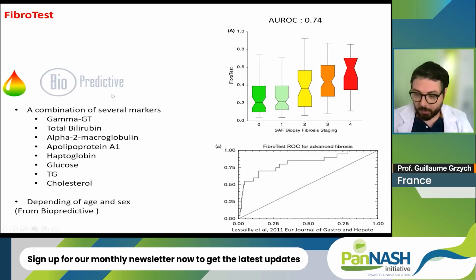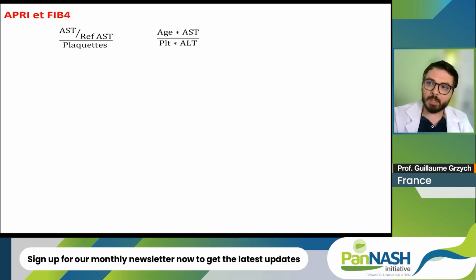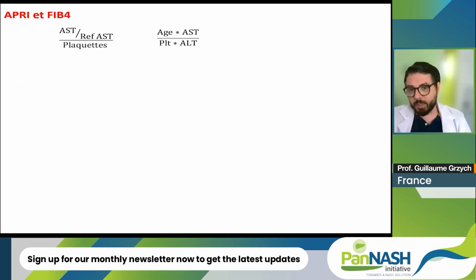So there is another score that could be very interesting in hepatic fibrosis. These are two scores, the APRI score and the FIB-4 score. These scores use the transaminases and also platelets. Why platelets? Because the liver is involved in platelet synthesis, with TPO leading to the synthesis of platelets. So when you have an issue with the liver, you potentially have a decrease in platelet numbers.